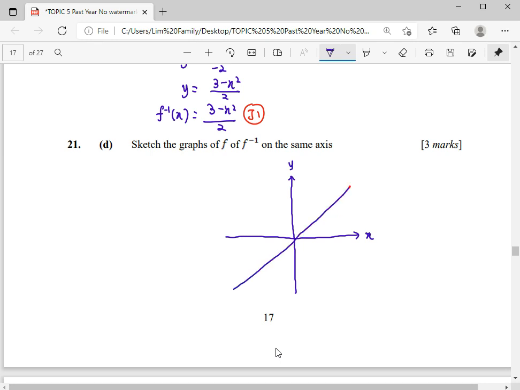And the reflection axis, my reflection axis a bit lower. So make sure you make a 45 degree line in order to represent y equals x. This is the reflection axis.